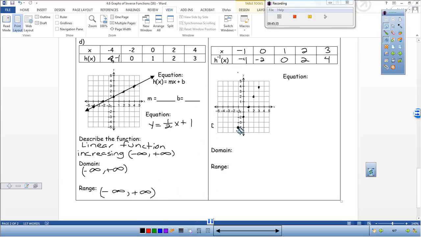And that'll be my line. Any questions over that? Okay, domain and range should be the same thing. The equation should be y equals, my slope is 2, and I'm crossing the y-axis at -2, so 2x minus 2. Any questions over that?